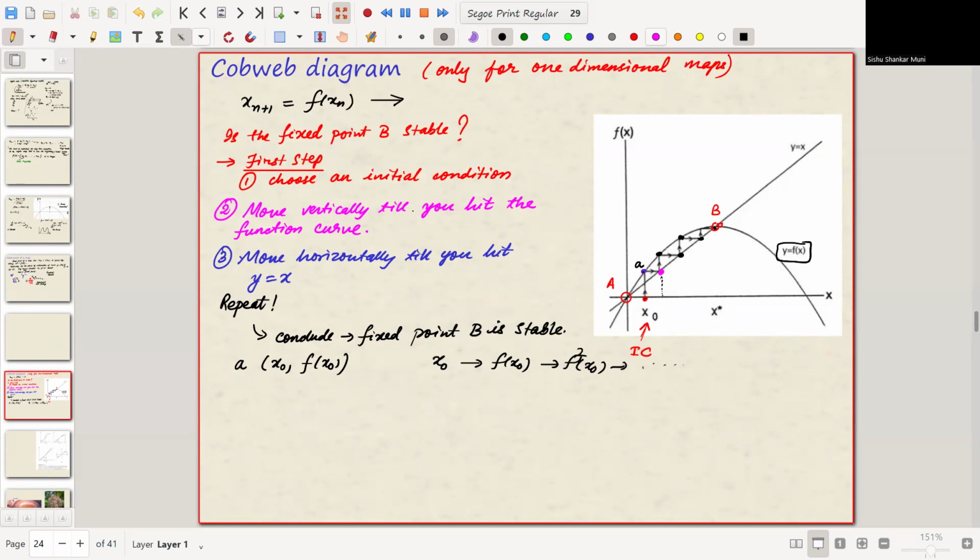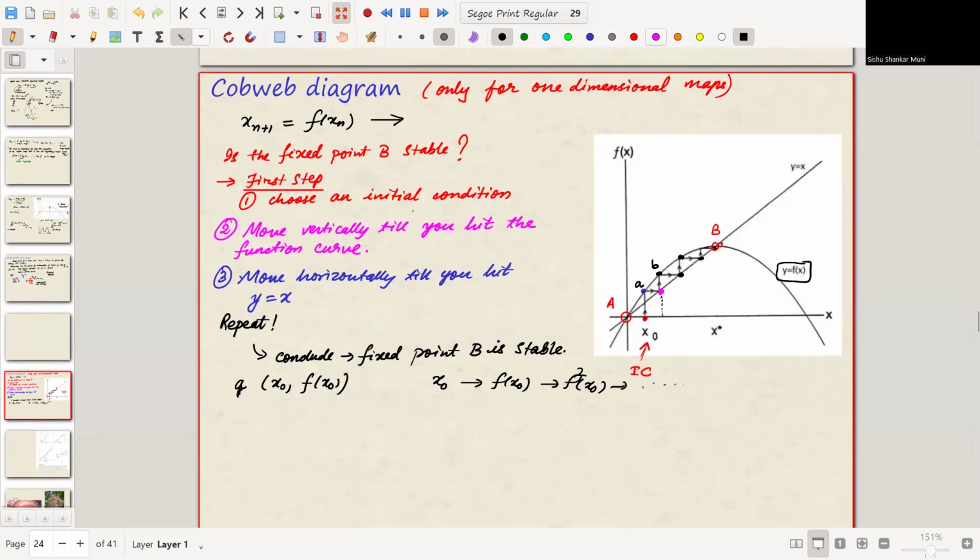Now tell me what is, suppose this is B. What is B? Point B. This point here is, suppose, C. This is f of x naught, comma f of x naught, isn't it? This might get complicated, so be on the same page.